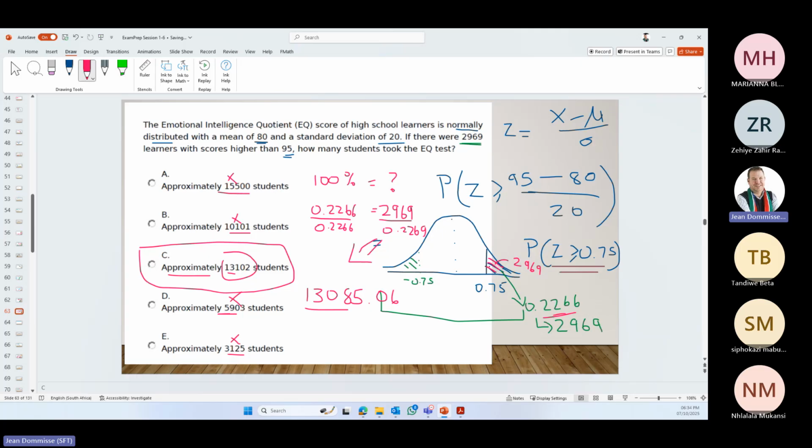So this is now the first time where they bring it back to say, okay, you've now worked out that piece, and that piece is so many students. So if 2,969 students are getting 95 or more, how many students are in the class?